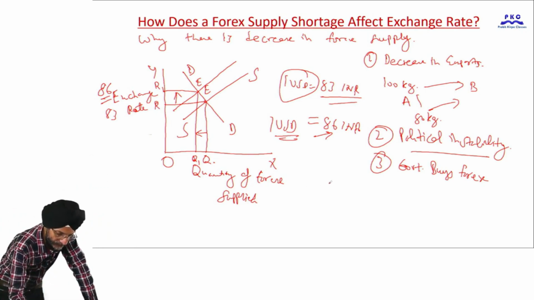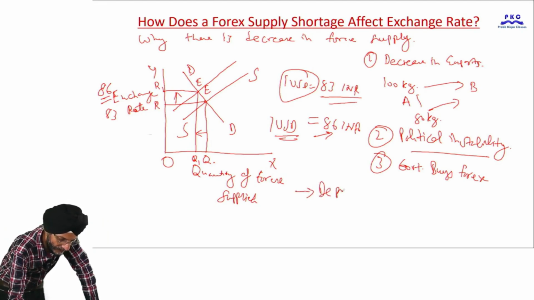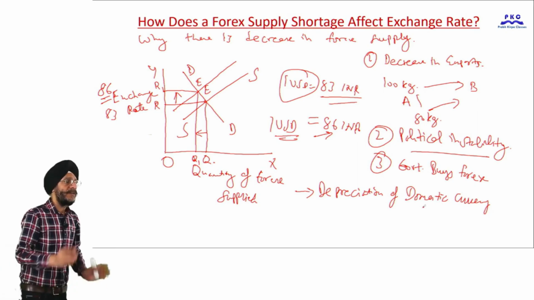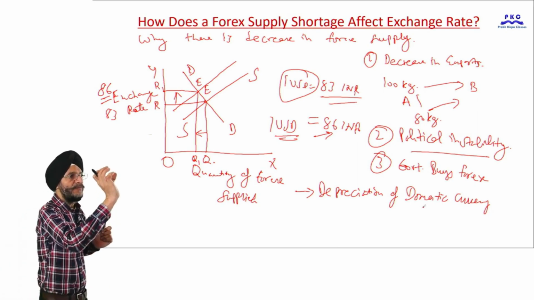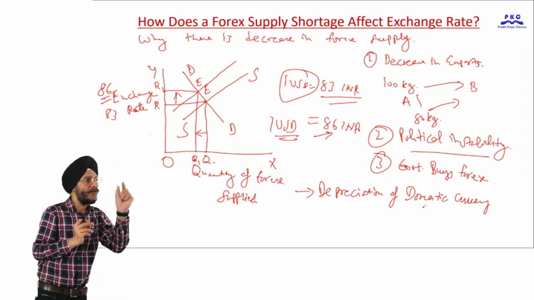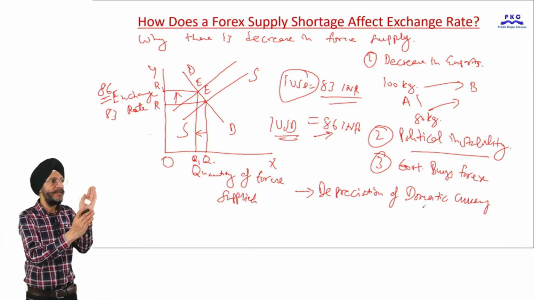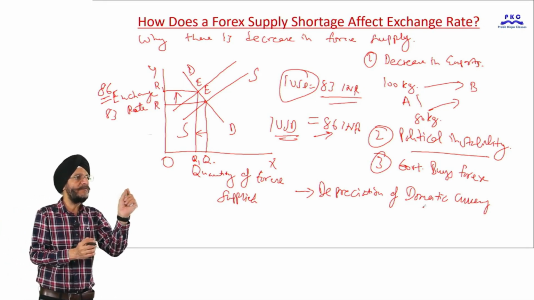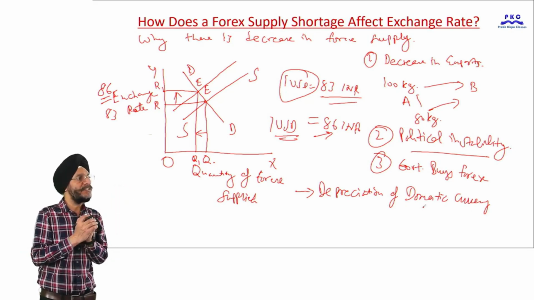So what does it mean? It means that it is the depreciation of domestic currency. How is there depreciation? Earlier we were getting $1 only for 83 rupees, but now as the supply of foreign currency has reduced, we are getting $1 for 86 rupee.